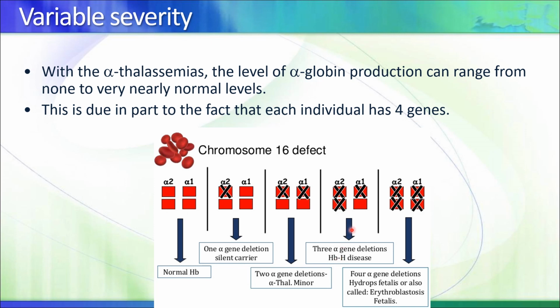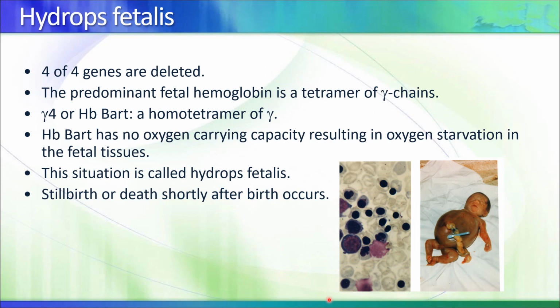That's because individuals would have a high quantity of HbH hemoglobin, and it becomes very severe if all 4 alpha genes are deleted. So if all 4 of them are deleted, then this is known as Hydrops fetalis. In this case, you would have a high quantity of actually a homotetramer of gamma chains.